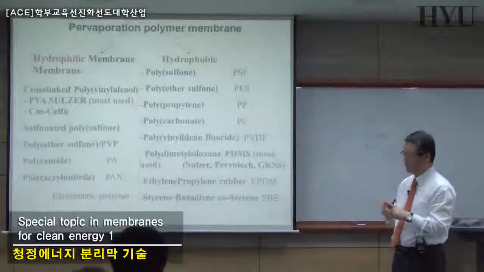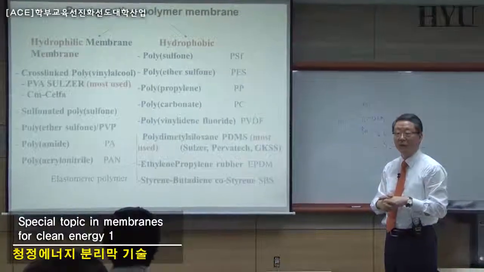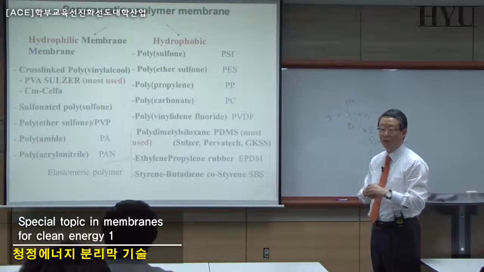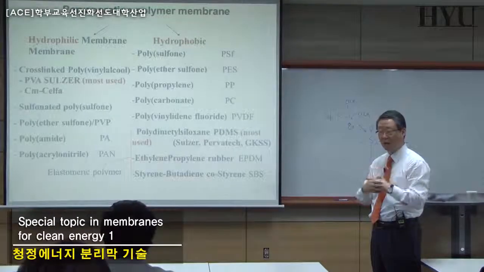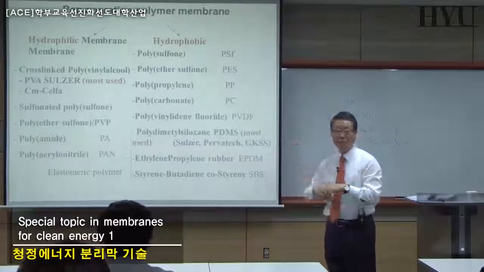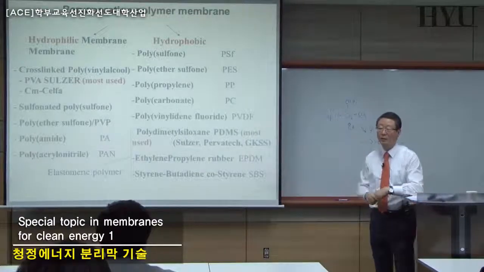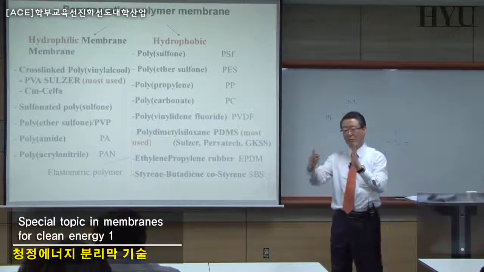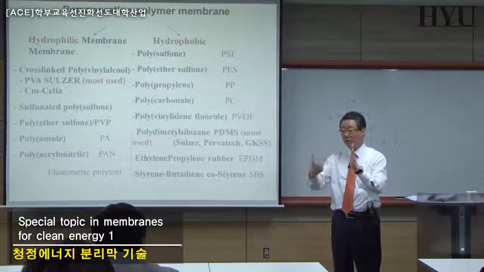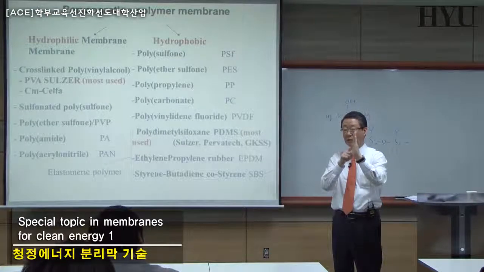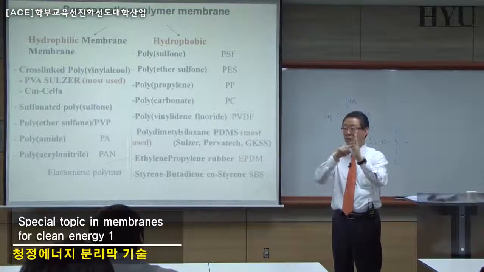Now, Sulzer uses this PVA membrane in removing the water from the ethanol. Okay. So when they use this PVA as a very thin membrane, they can use this membrane for the process called pervaporation. If you have a hot ethanol solution in the feed, the PVA membrane has much more solubility and interaction with the water rather than ethanol.